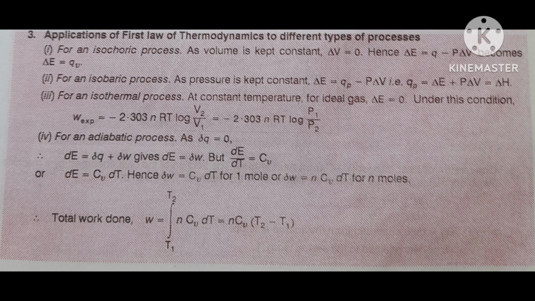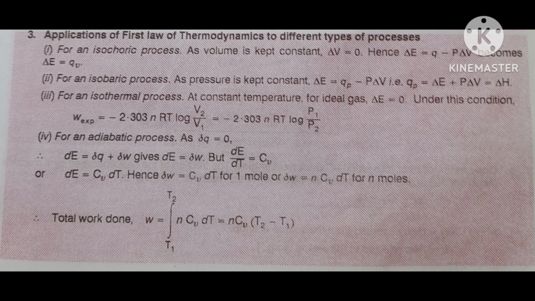And hence in the place of dE, you can write CV into dT. Then here you have seen that dE was dW. Now in the place of dE, you can write CV into dT. Hence you will get dW is equal to CV into dT.